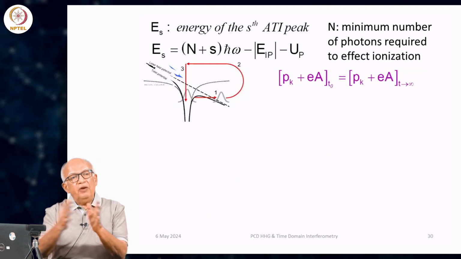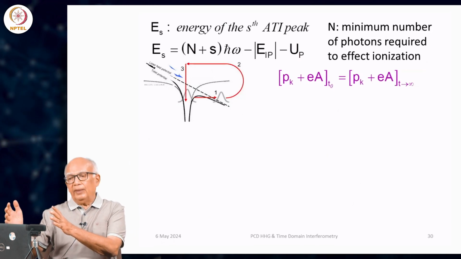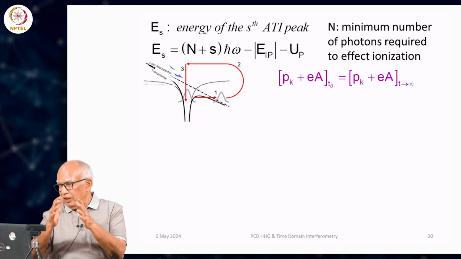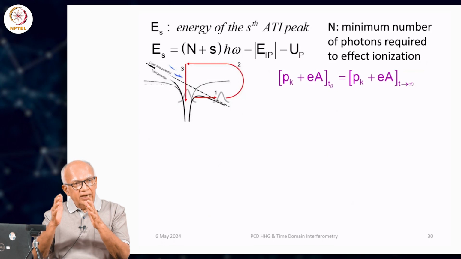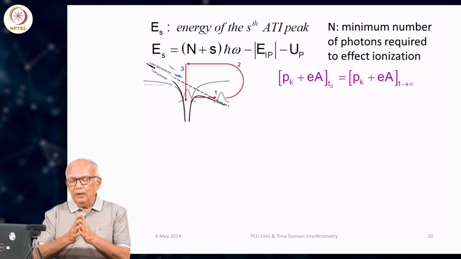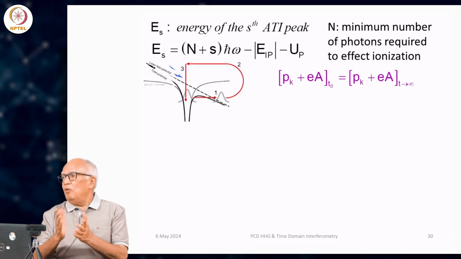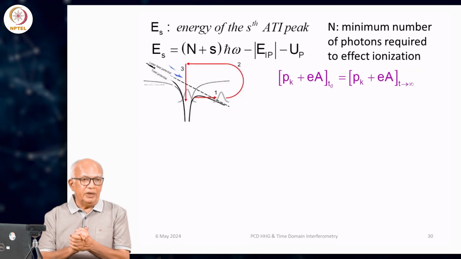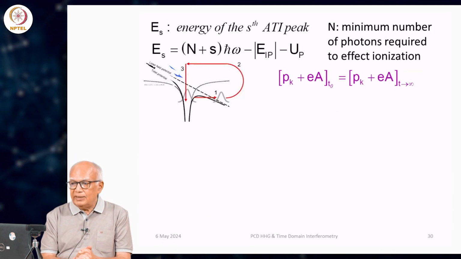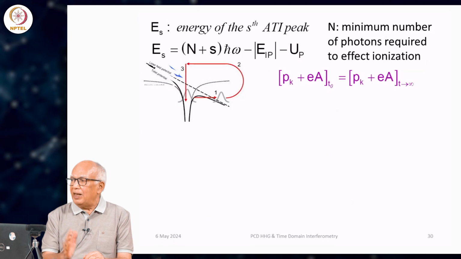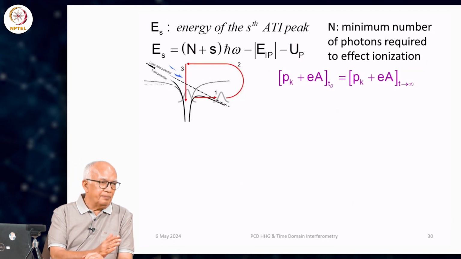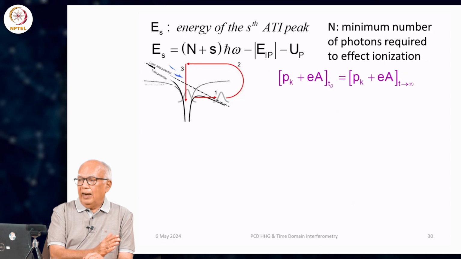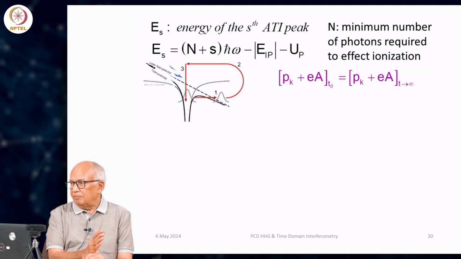The electron wave packet is in the field of the electric potential because of the laser field. So its canonical momentum is not just the kinetic momentum, it is the kinetic momentum plus the vector potential of the electromagnetic field, and this is the one which is conserved.